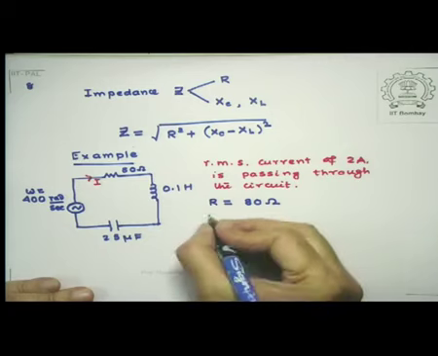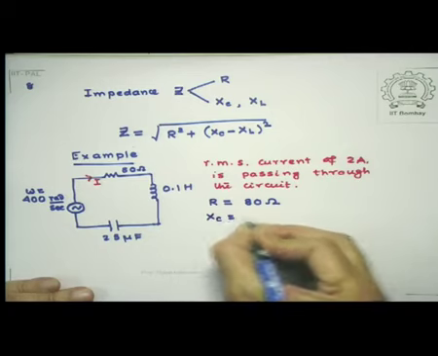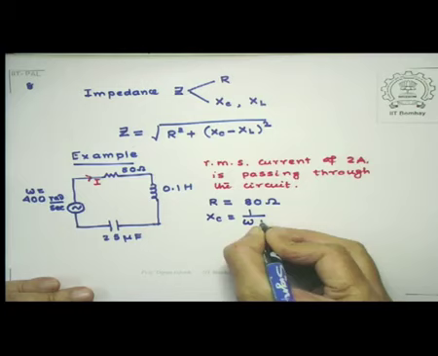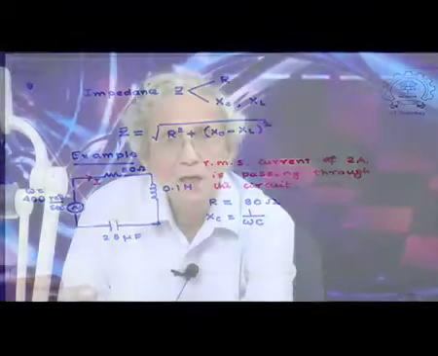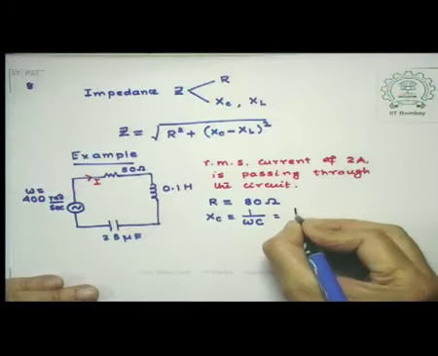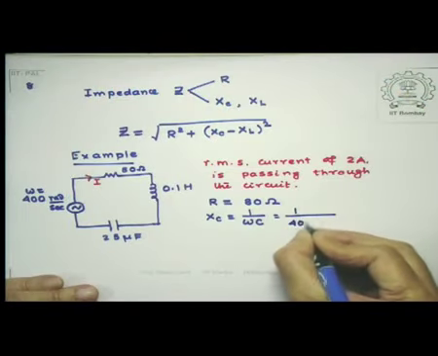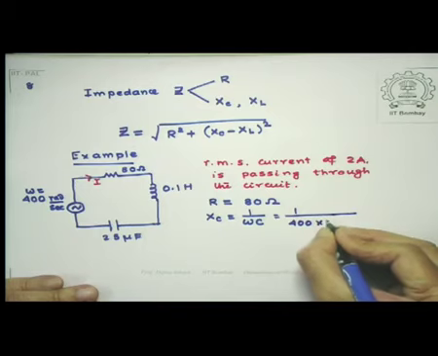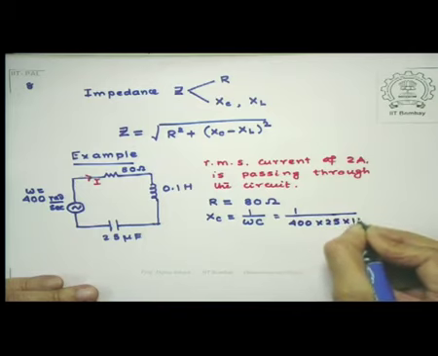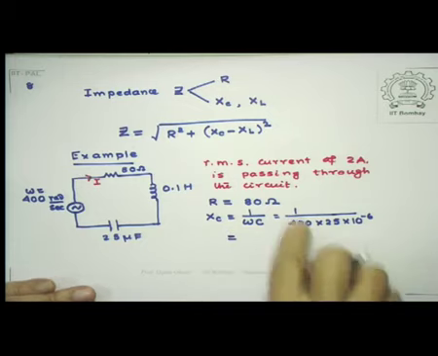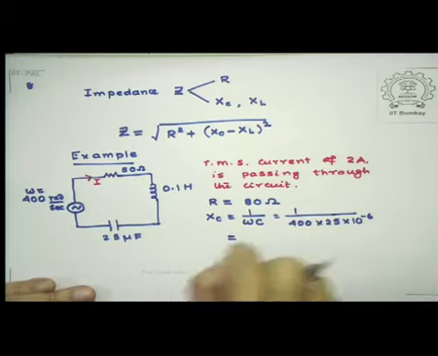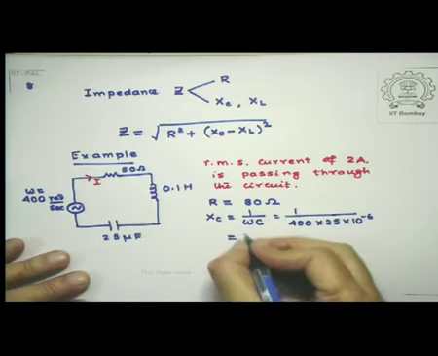Let's calculate the reactances. So Xc is equal to 1 over omega C. Both Xc and XL have the same dimensions as that of resistance, ohms. So I have taken omega conveniently to be 400. This is 25 microfarad, so 25 into 10 to the power minus 6. So that is 10 to the power minus 4 in the denominator. And that is 100 ohms.